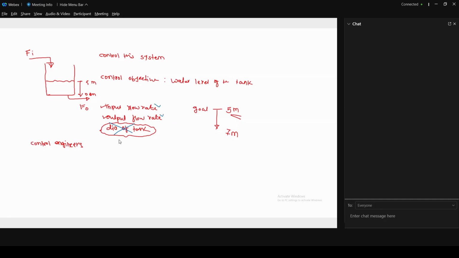So which one of these is a good variable for controlling water level? How do you find that out? Any idea? If I pose the question to you, which one of these should I take, input flow rate or output flow rate, as the variable for manipulating the water level of the tank? Input flow rate. Yeah, so someone says input flow rate. Is there any other answer?